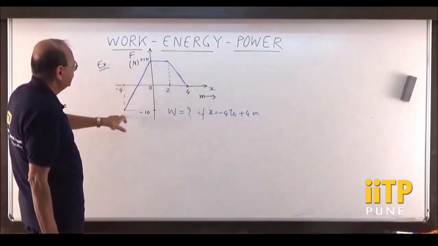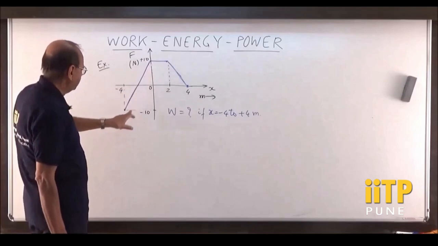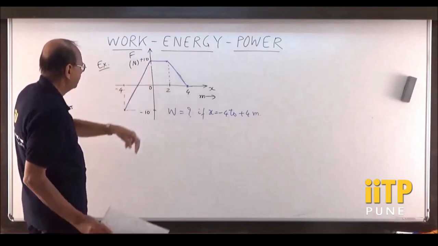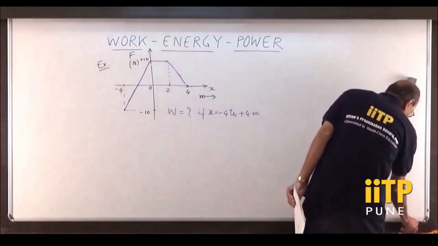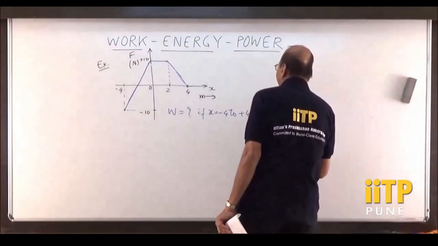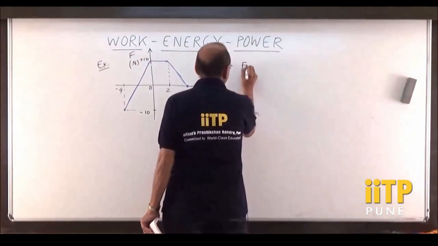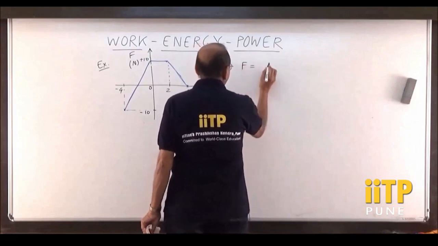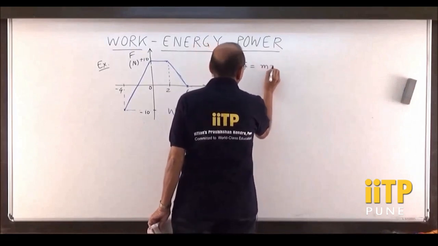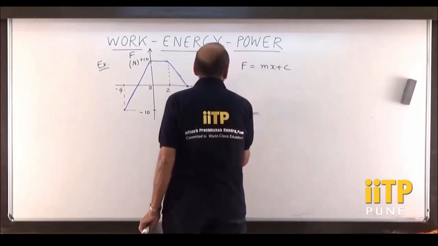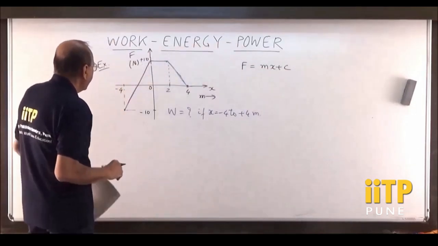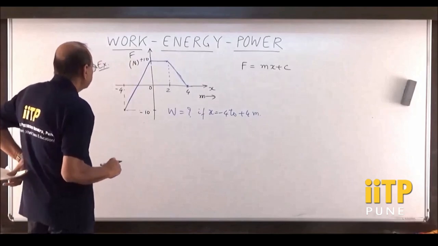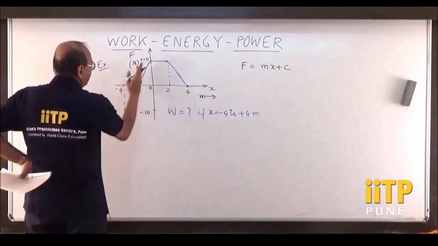For example, I will do the integration method for the first part, from minus 4 to 0. In this case, I will first have to find an equation for f as a function of x. I can see the straight line, so f is of the type mx plus c. I know that the slope is positive.